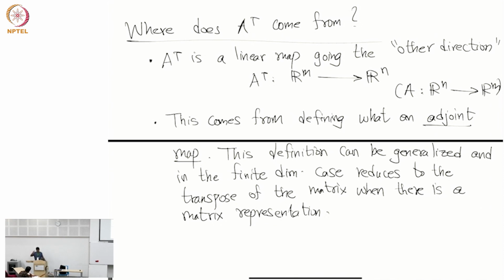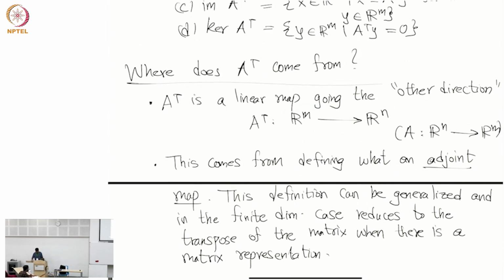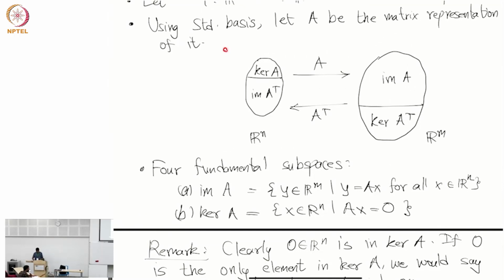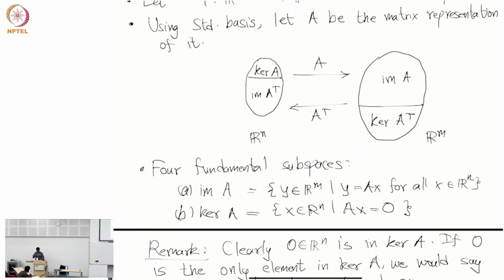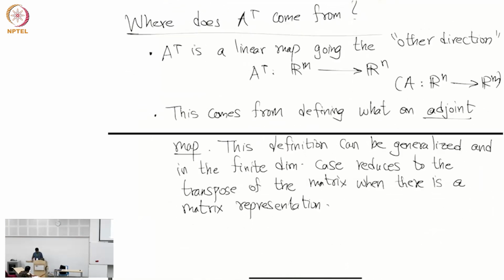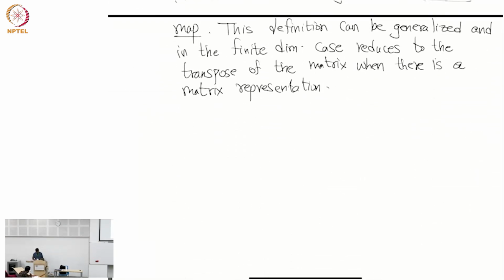But let's work with this really simple setup of the picture I drew first. We'll restrict ourselves only to Rn to Rm. No abstract spaces. I'm going to tell you the definition of the adjoint map.